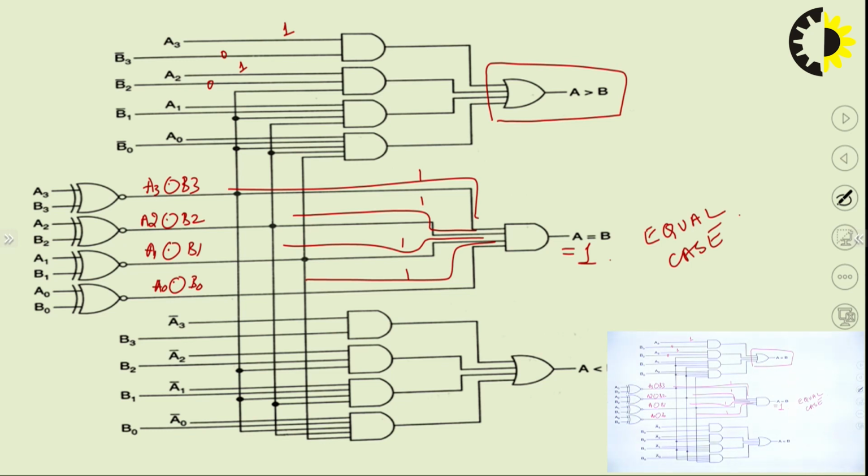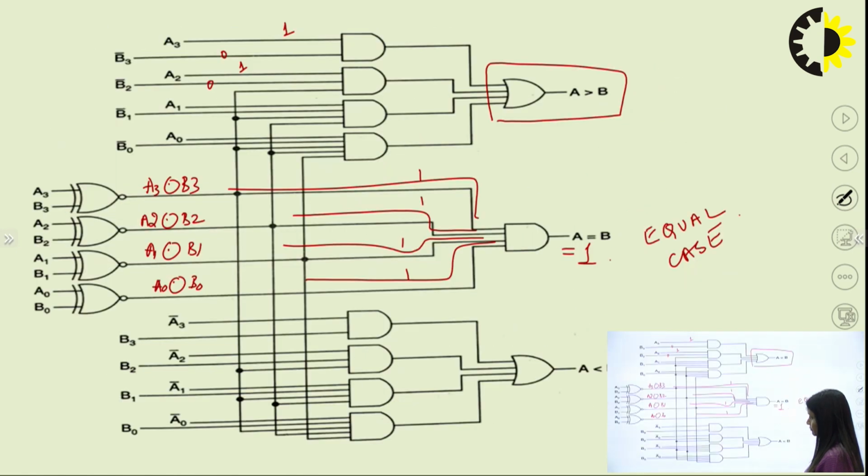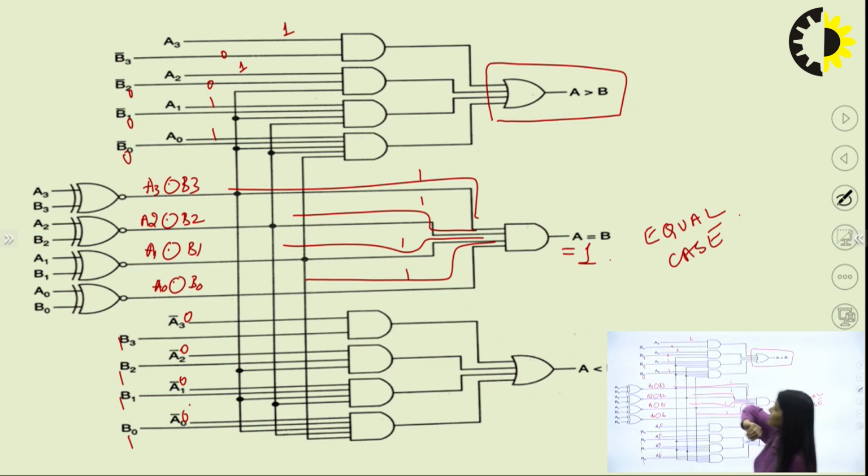For less than, the logic will be the same as the second logic. This is 1, this is 1, this is 1, this is 1, but these are all put at 0, as we did in this one, and this is 0, 0, this is 0, like this. So all the 3 cases are drawn by logic, and we can design a 4-bit magnitude comparator circuit.